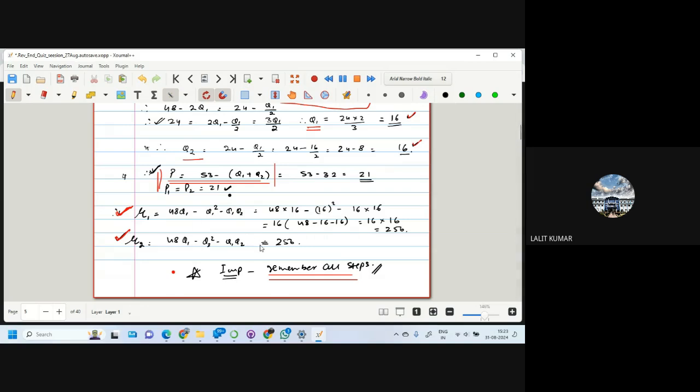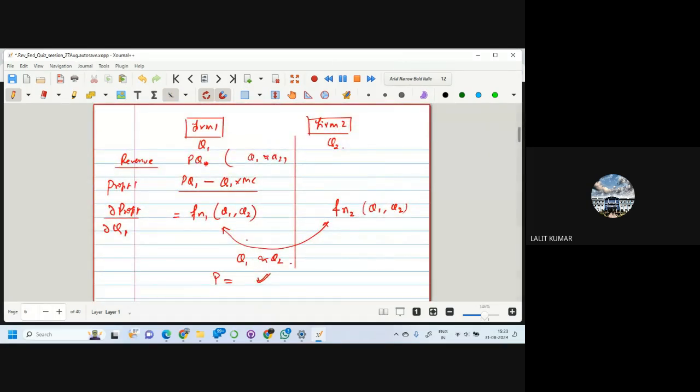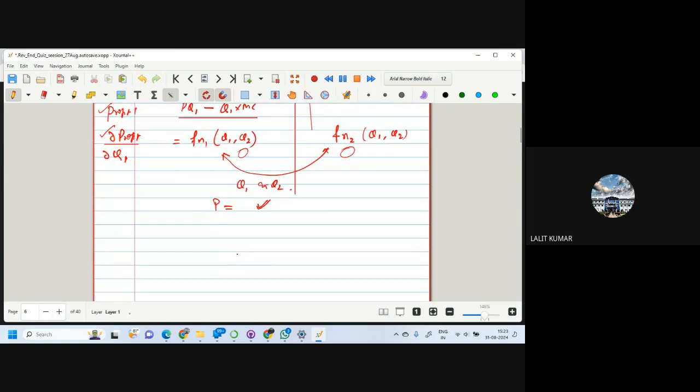Like I covered the steps here, we have to find the revenue first, then the profit, maximize the profit. We do it for both. We get two functions. We solve those two functions. We get Q1 and Q2. Put that in the common demand function. Then we get P. Now using PQ1, PQ2, we find the profit for 1 and profit for 2. So these are the steps for this.